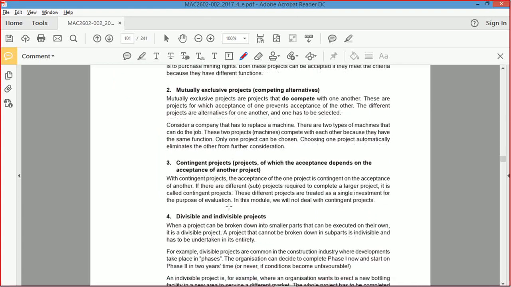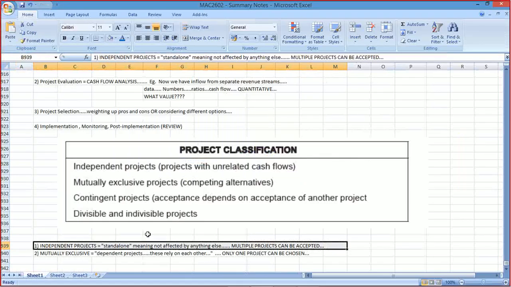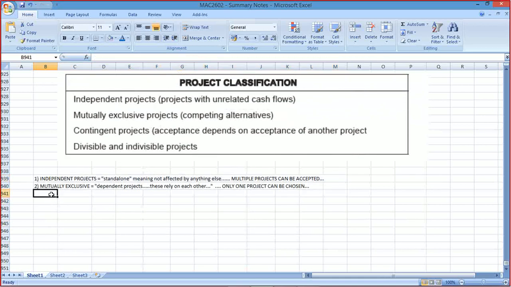Then they've got 3 and 4, contingent projects. With contingent projects, the acceptance of one project is contingent on the acceptance of another. So contingent means depends on. This would be looking at stages: accepting one project that leads to another.